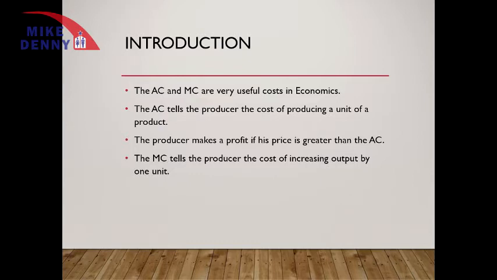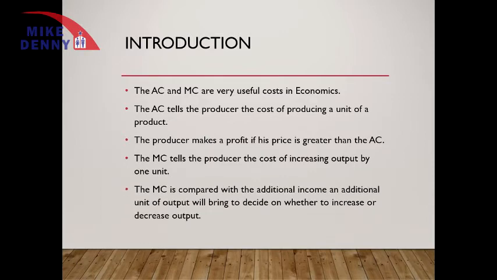The marginal cost tells the producer the cost of increasing output by 1 unit, and the marginal cost is usually compared with the additional income an additional unit of output will bring to decide on whether to increase or decrease output. You are going to make that very soon.